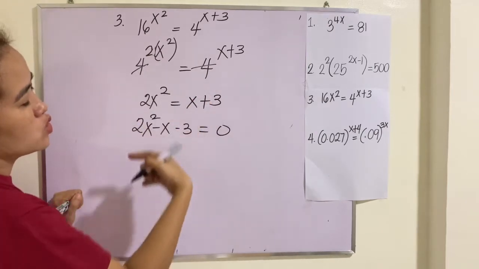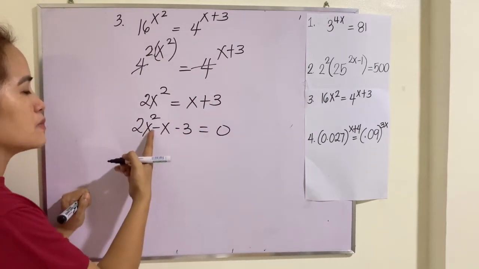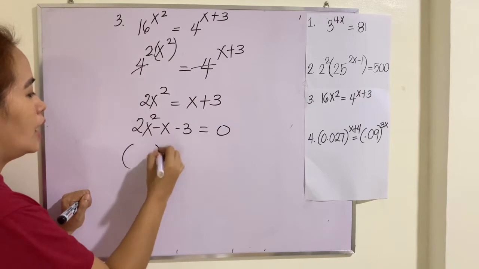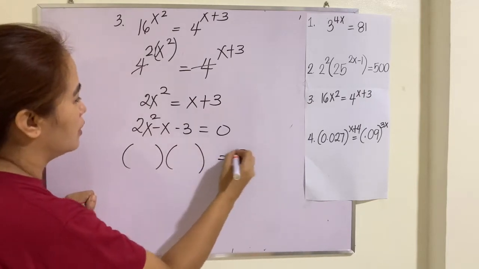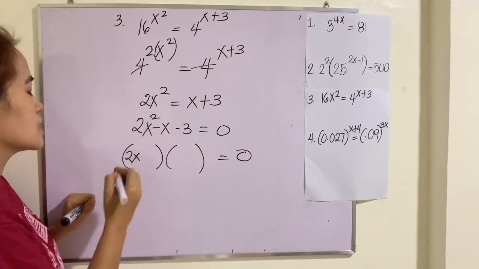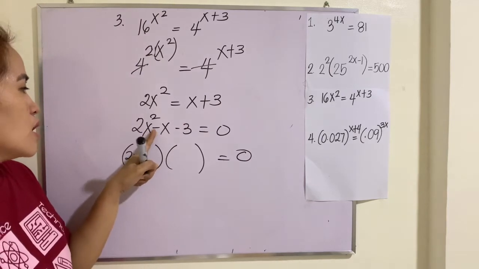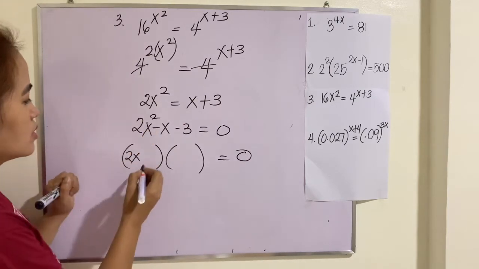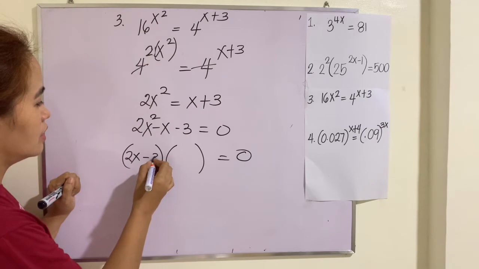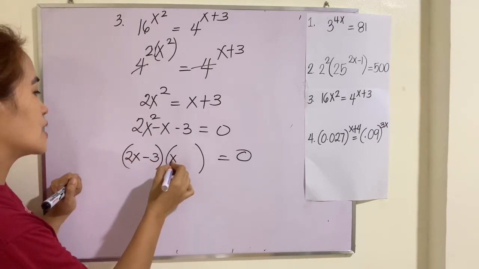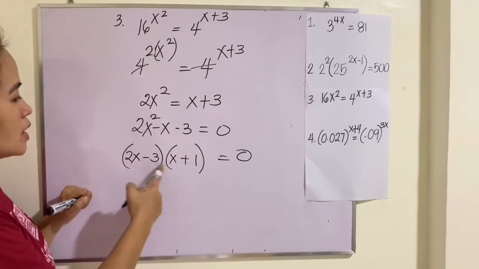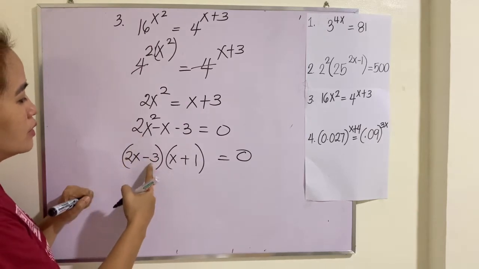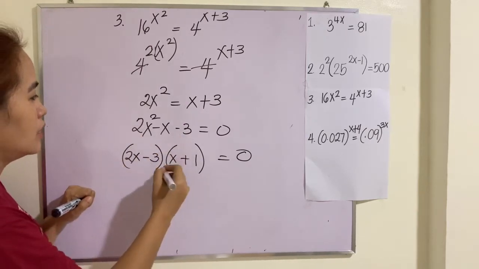I transpose this to the other side. That is minus x minus 3. I can now do factoring here. This is 2x minus 3, and this one is x plus 1. Let's check. 2x times x is 2x squared. Negative 3 times 1 is negative 3.